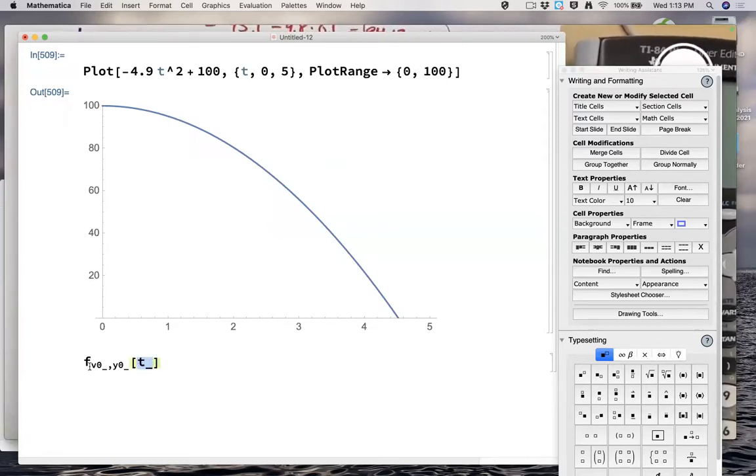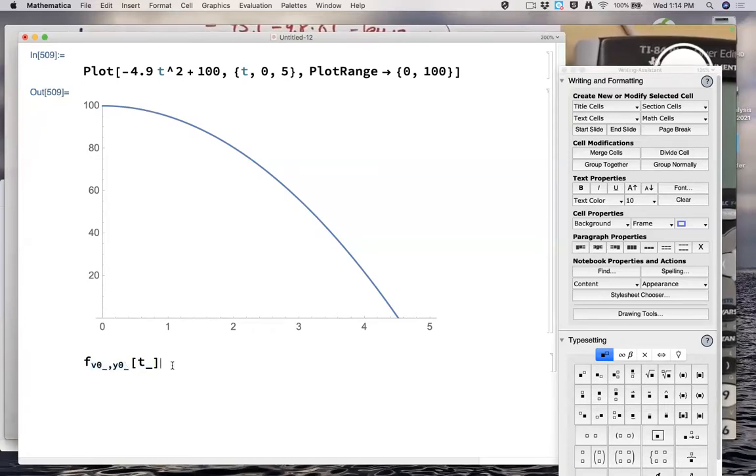But I also want to let my initial velocity change and my initial height change if I want to. Why are these subscripts instead of in here? Because it's better to emphasize for your own benefit, not Mathematica's benefit, that t is the main independent variable, time. And these other things, well, I can change them if I want. I could change the initial velocity. I could change the initial height.